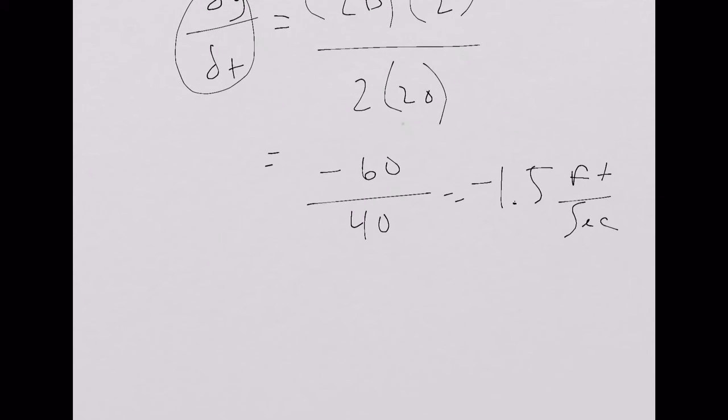Then I think it has you do a couple different scenarios, so just make sure you do them similarly. Looking at their answers, it says how fast is the top of the ladder moving down. Since it said down, I don't think we really need to put the negative sign. Down is referencing the negative. So we would just put 1.5 feet per second.